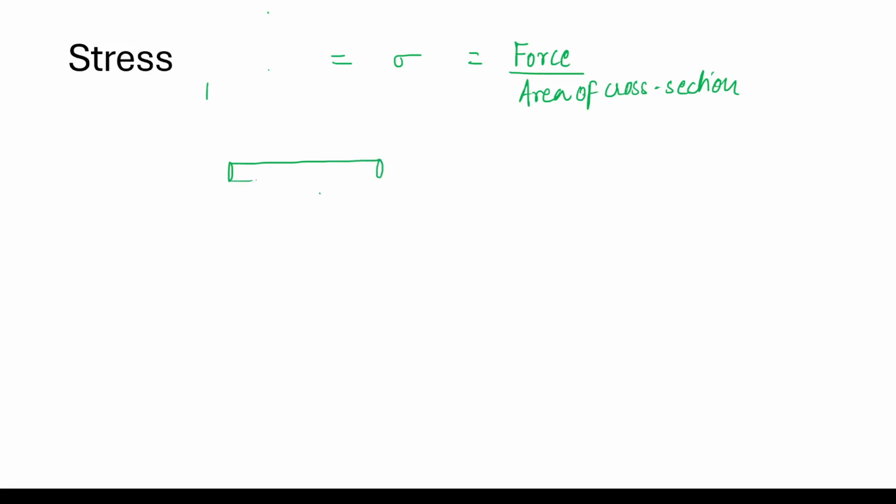You're applying the force here. So this is the area of cross-section, which will in this case be calculated using pi r squared. So you're applying force F here.